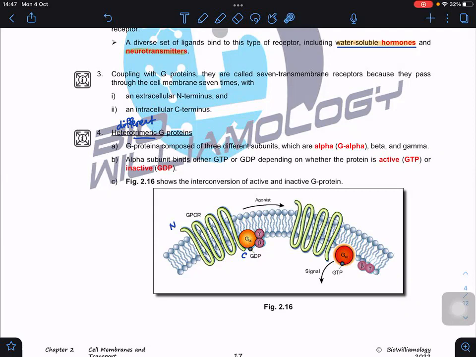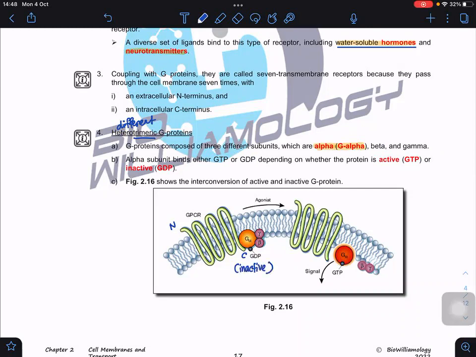The G protein is composed of 3 different subunits, and alpha is the one that we need to learn, along with beta and gamma. The alpha subunit binds to either GTP or GDP. GDP means that the receptor is inactive.